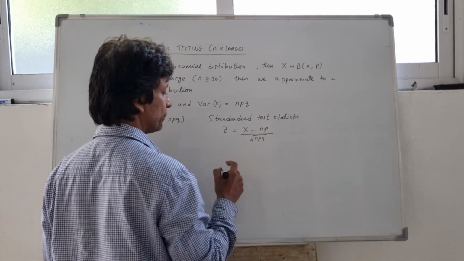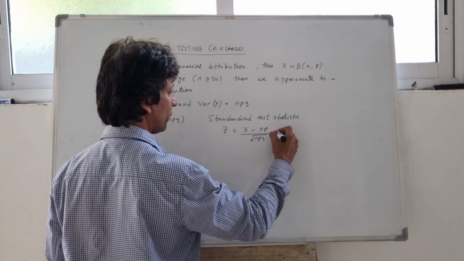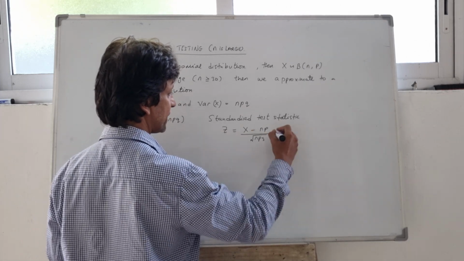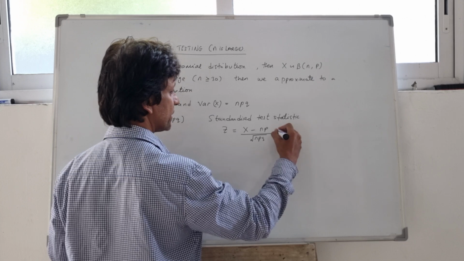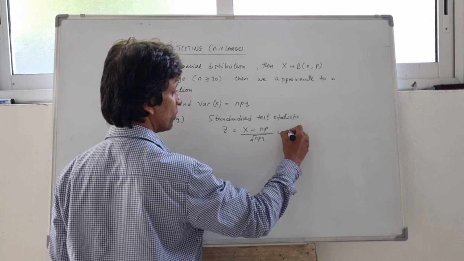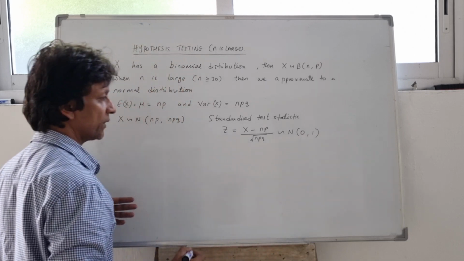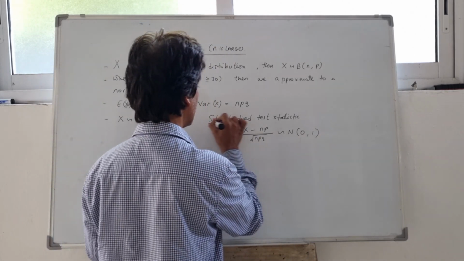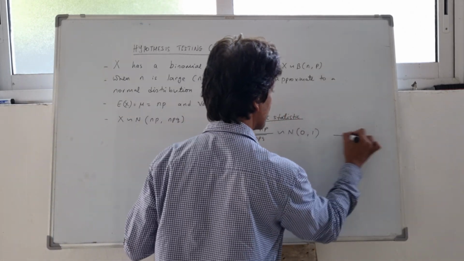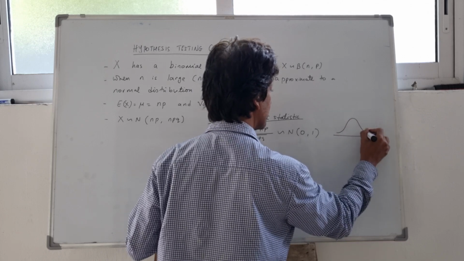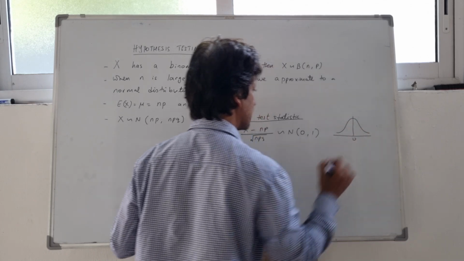This is now the test statistic z, which is normally distributed, N(0,1), the standardized normal. Surely, because you know that your distribution curve is going to look something like this.